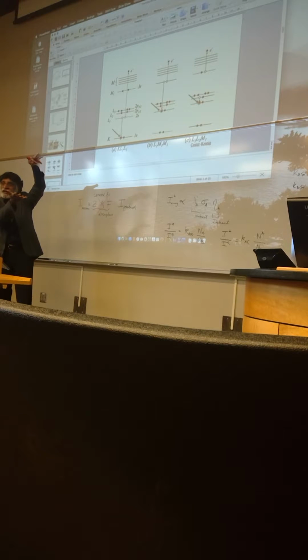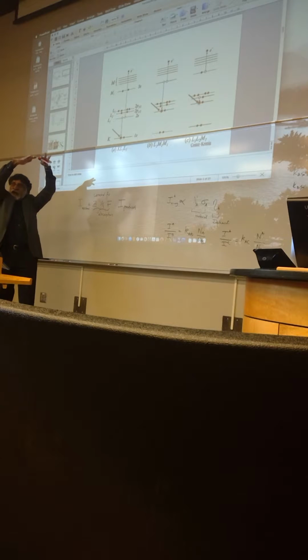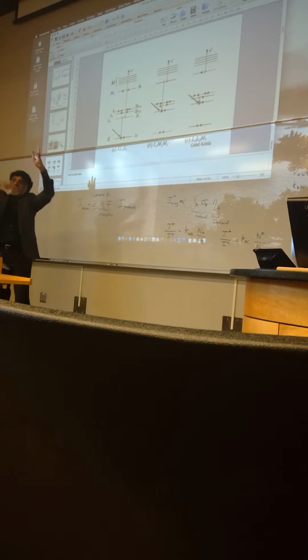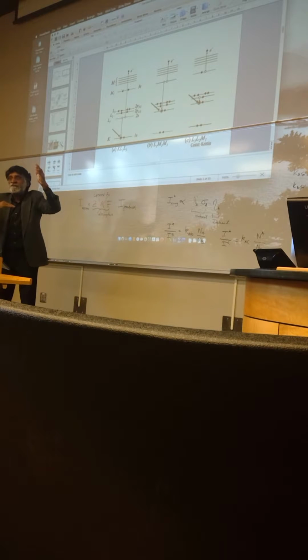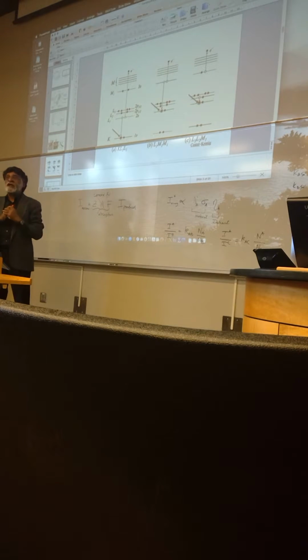Then slowly this oscillation dies down and it transfers from the upper level to the lower level. For this oscillation back and forth, we have the selection rules, and the selection rule tells you which specific transitions are allowed.